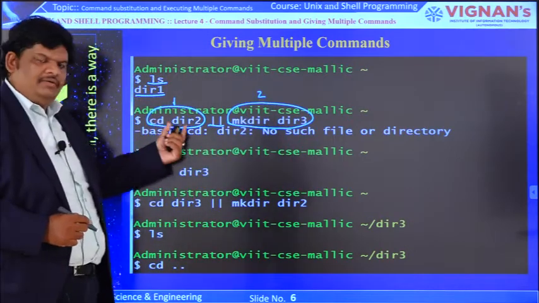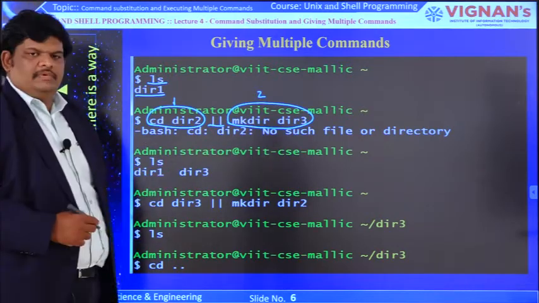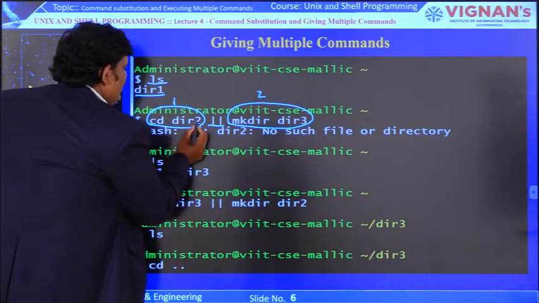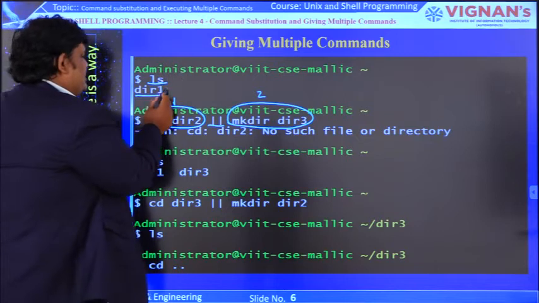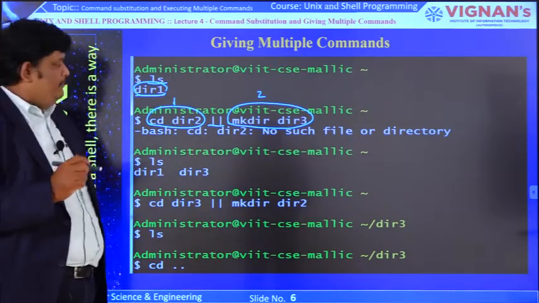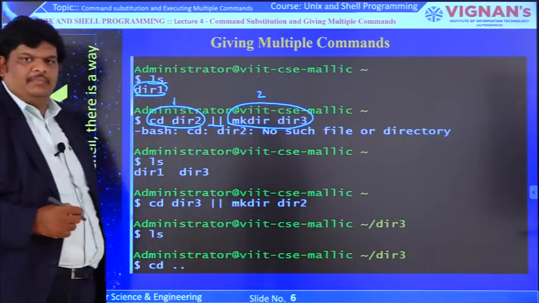So command 1, logical OR operator, command 2. Let us see how this execution will happen. cd space dir2, but in our directory there is only one subdirectory with the name dir1, there is no directory with the name dir2.